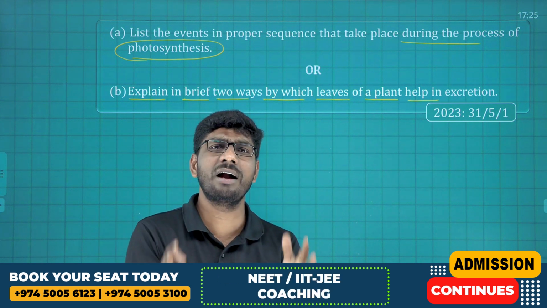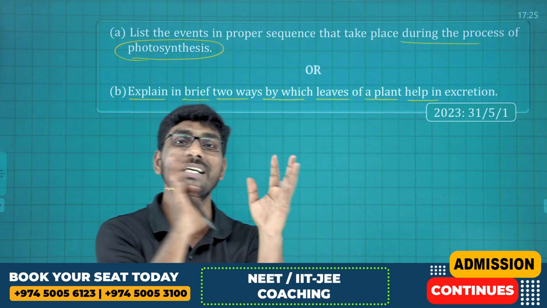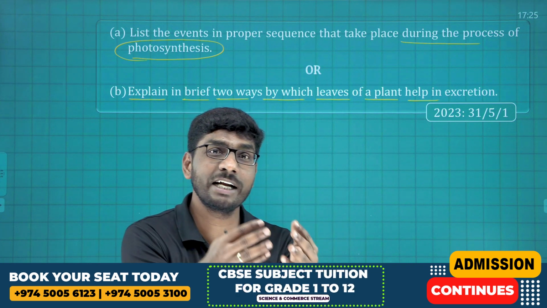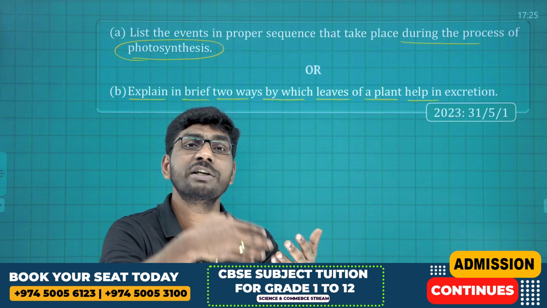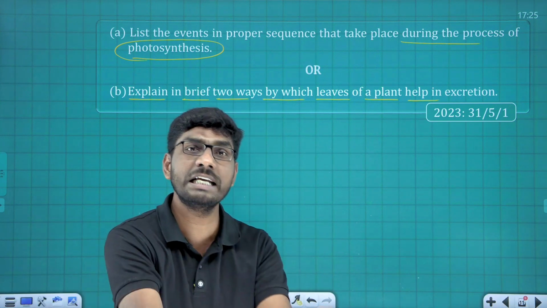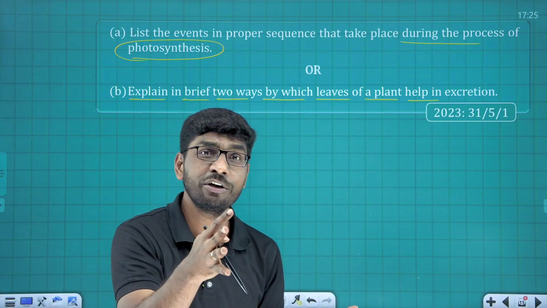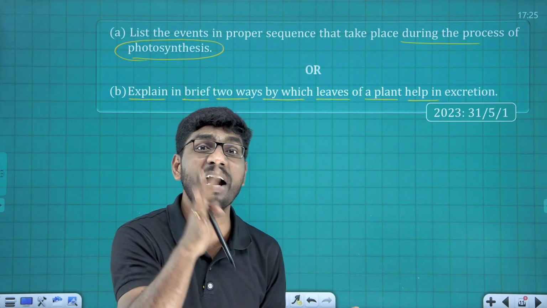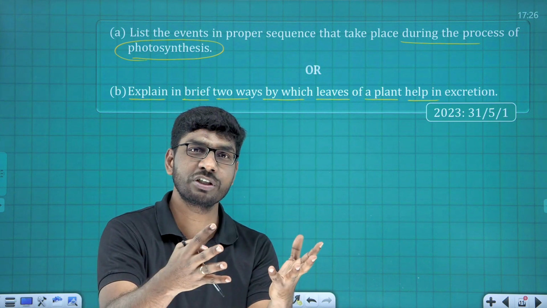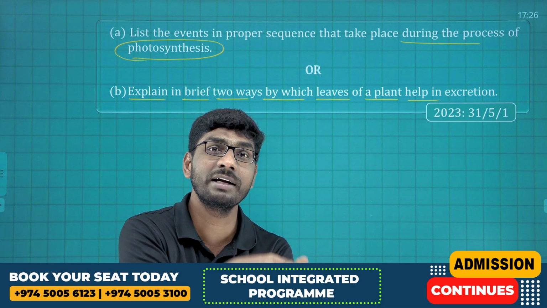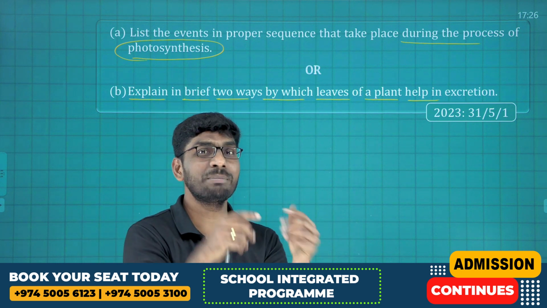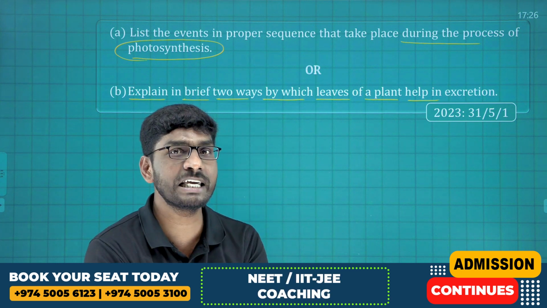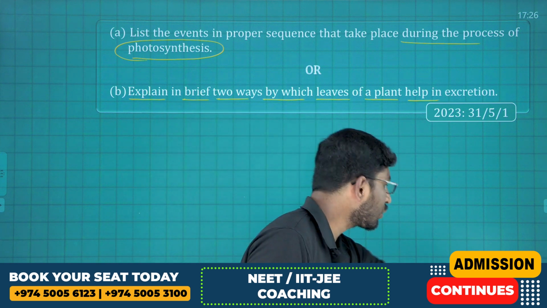You know, in plants the majority of tissue is dead tissue. So to remove that dead tissue, what will the plant do? The plant will start to lose leaves, falling leaves. The majority of waste material is accumulated in the vacuole. When the vacuole ruptures and the cell dies, that particular leaf will fall off. So excretion in plants is by the loss of their leaves. Keep in mind.